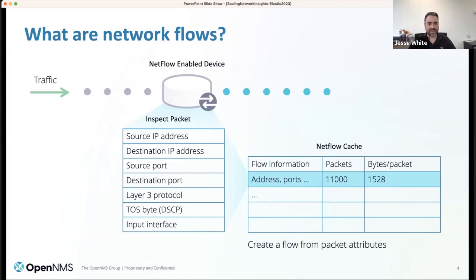It doesn't actually look at the data or the body of the packets themselves, just the attributes and header information, and then generates what we call these flow packets. They send them to flow collectors, right? So when we're talking about network flows, we're talking about these flow packets generated by these NetFlow enabled devices.